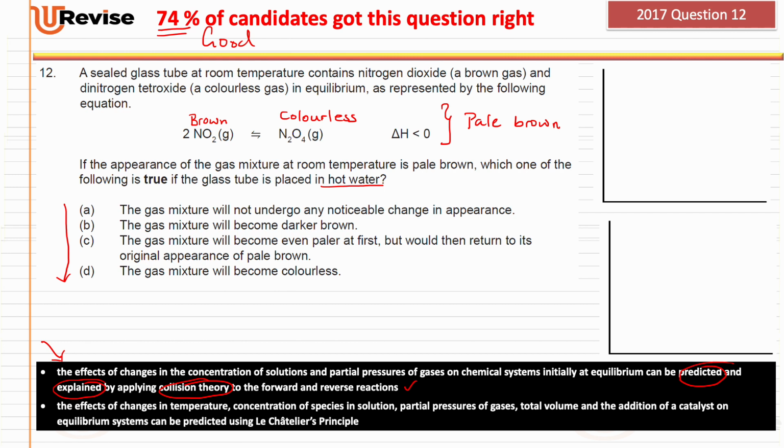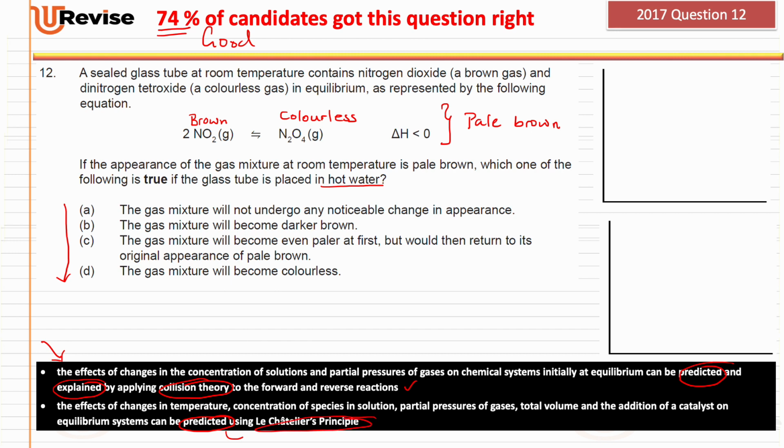So the collision theory can do both things. The effects of changes in temperature, concentration of species in solution, partial pressure of gases, total volume, and addition of a catalyst on an equilibrium system can be predicted using Le Chatelier's principle. What it means is LCP can only predict.